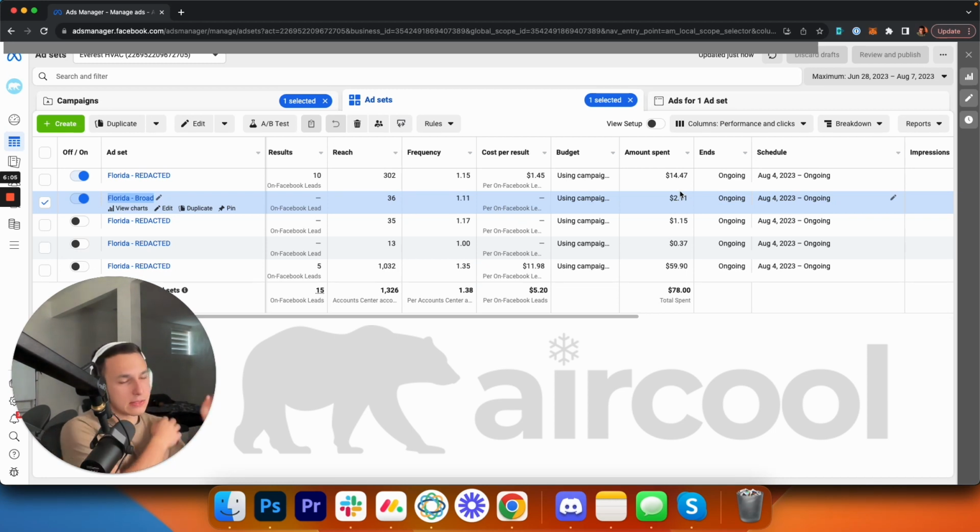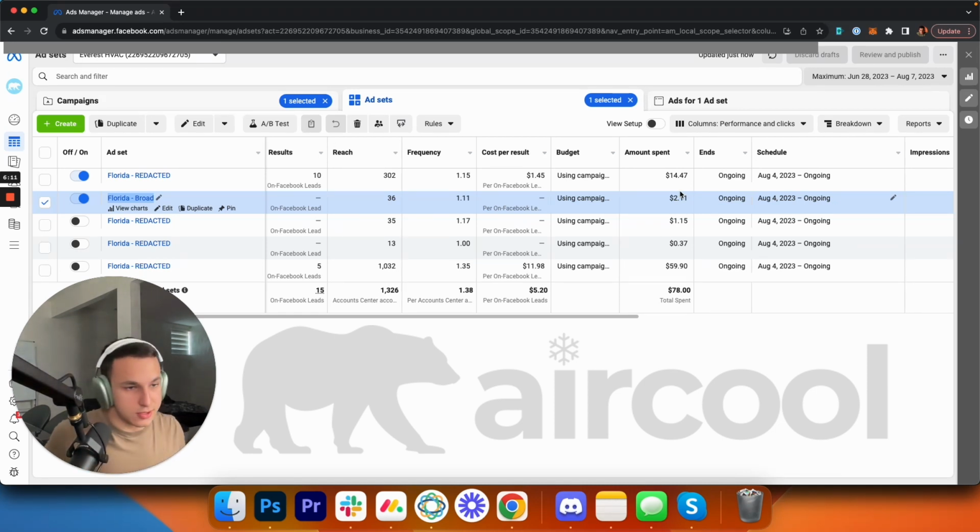I have campaigns running right now for HVAC companies, also for this very interest, just in a different state, which did not do well. They just didn't. But in Florida specifically, in the areas we're targeting, this interest is doing well. Why? I have no idea. Or actually, I have a small idea, but it's not relevant.